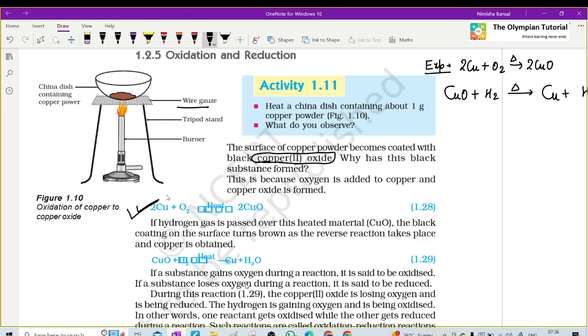Next, if hydrogen gas is passed over this heated material CuO, the black coating on the surface turns brown as the reverse reaction takes place and copper is obtained.